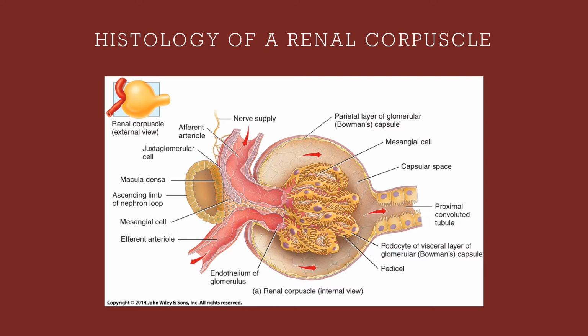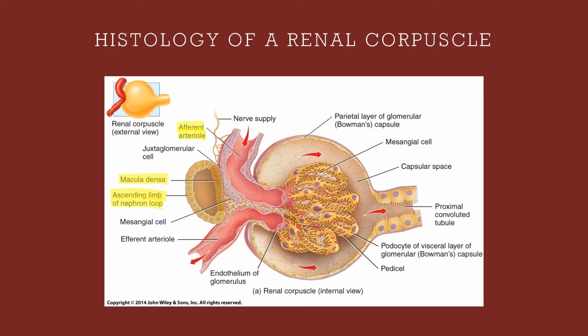So here again, we can see the flow of filtrate in the glomerular capsule. In this picture too, we can also see the juxtaglomerular apparatus. So here we have the ascending limb of the nephron loop, where it's really close to the glomerular capsule, where that nephron loop makes contact with the afferent arteriole here. So here we can see these columnar tubule cells in this region that are really crowded together, these macula densa cells.